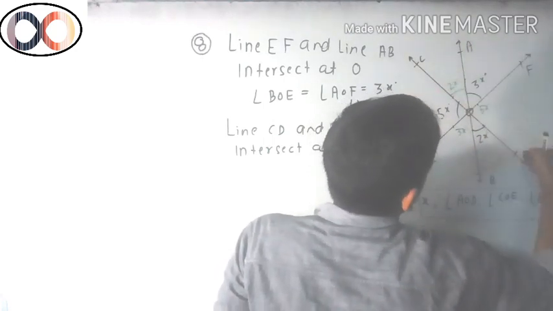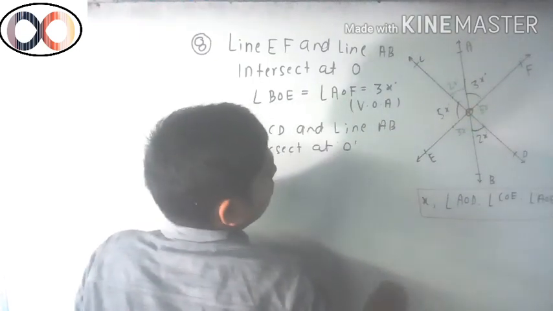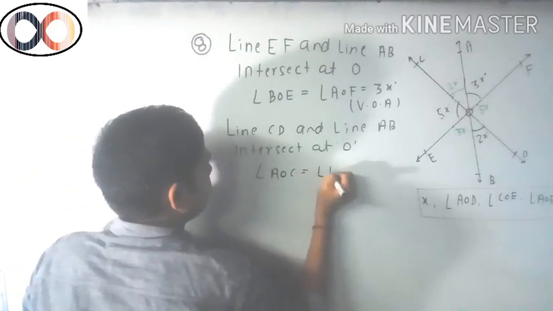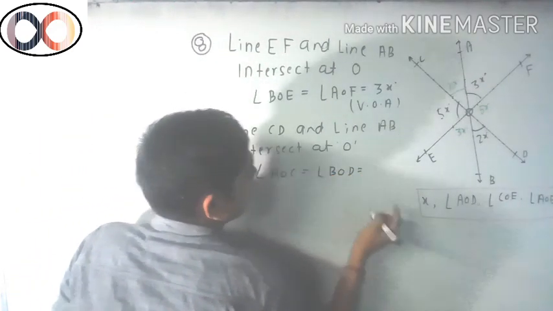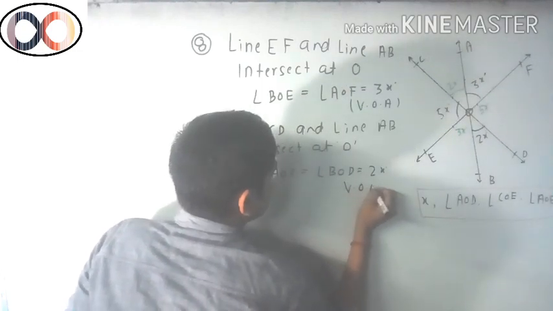So angle AOC equals angle BOD. Angle AOC equals angle BOD, that is 2x degrees. You can write here: vertically opposite angles.